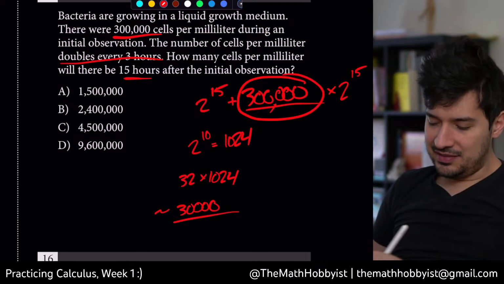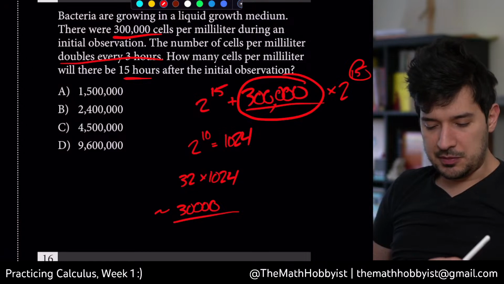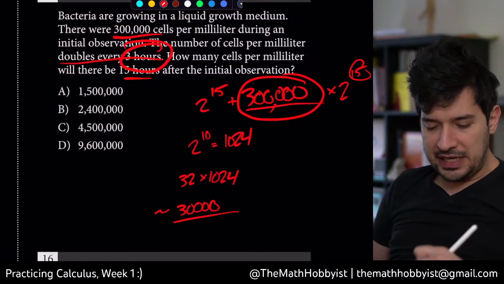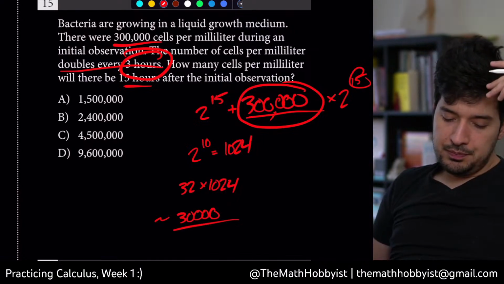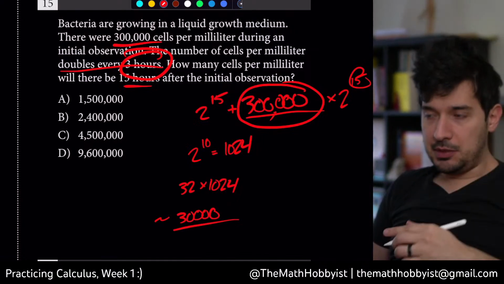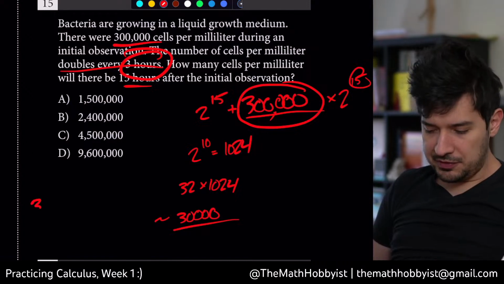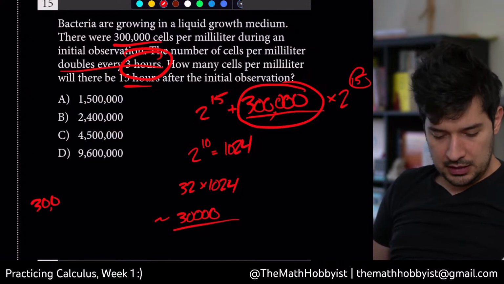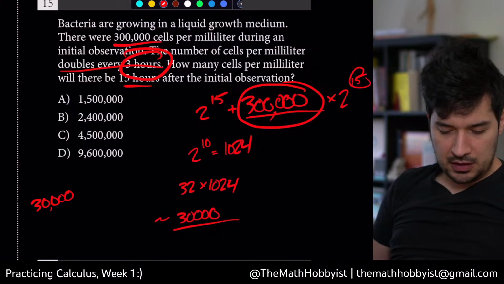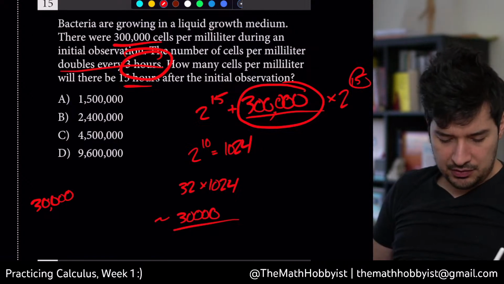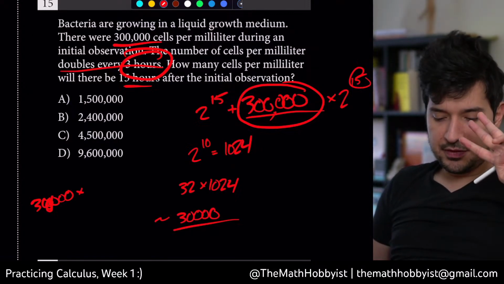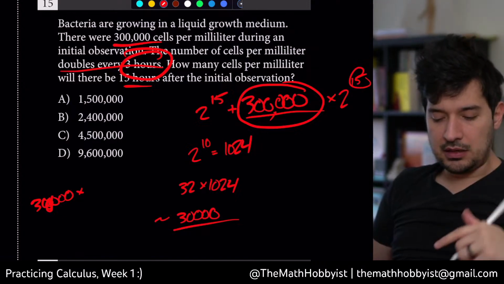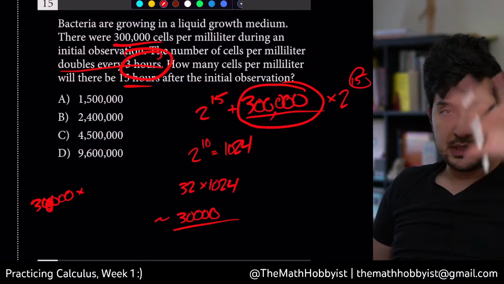Oh, and it's not to the 15th. I screwed up this problem a lot. It doubles every 3 hours, so that means that we're going to get 5 doublings. So we've got 300,000. My God. Okay, 300,000 times we have 5 doublings because there's 5 groups of 3 in 15.